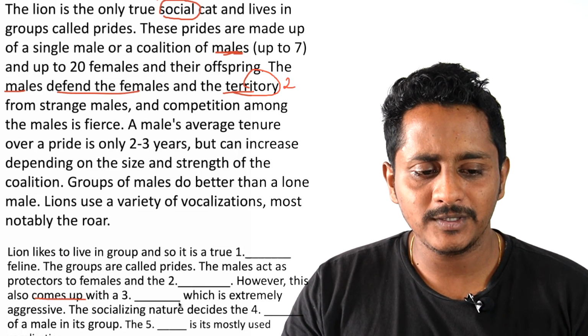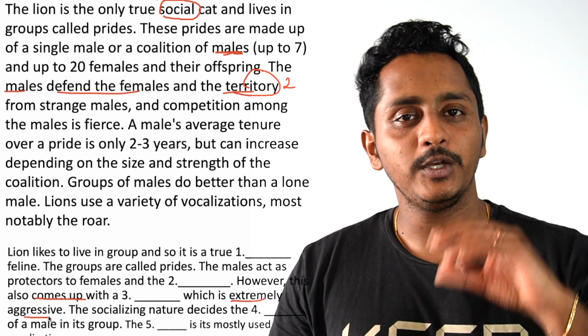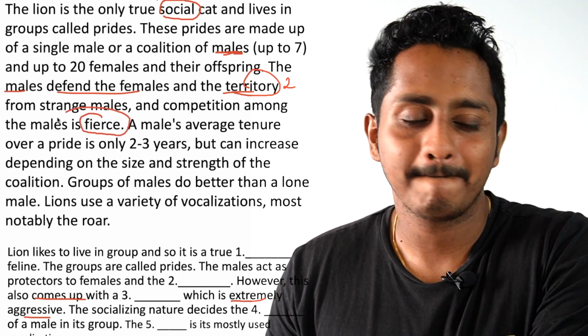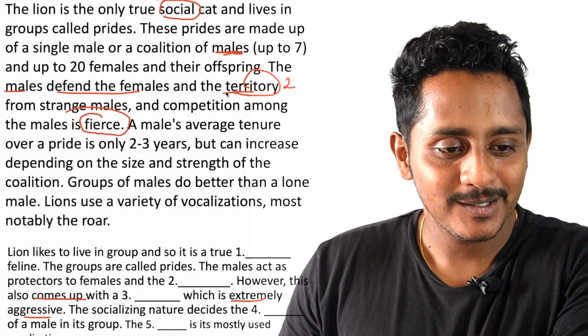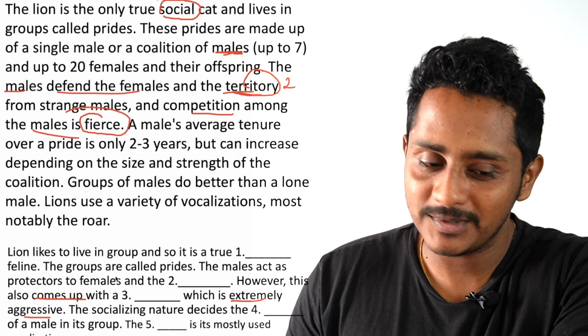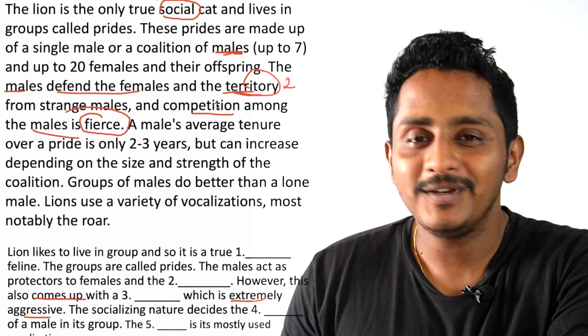However, this also comes up with a dash, which is extremely aggressive. Aggressive is what we need to look at. Fierce, territory over, and competition among the male is fierce. However, this also comes up with a dash, which is extremely aggressive. Fierce means extremely aggressive. So every other word is matched.